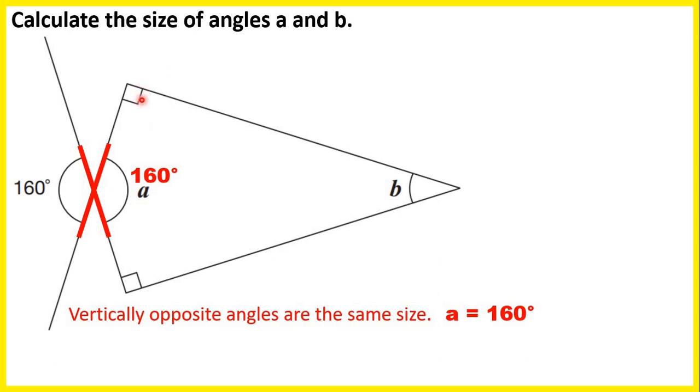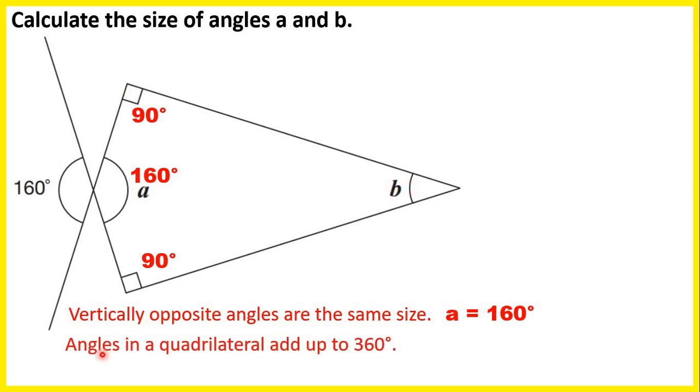Now we can see that we have little squares in the corner here and here, and they show right angles which are 90-degree angles. So we know that angle A is 160, and we know that both of these angles are 90 degrees. So we can work out angle B by remembering that angles in a quadrilateral add up to 360 degrees. So a quadrilateral is a four-sided shape, and we have here a shape with four sides.